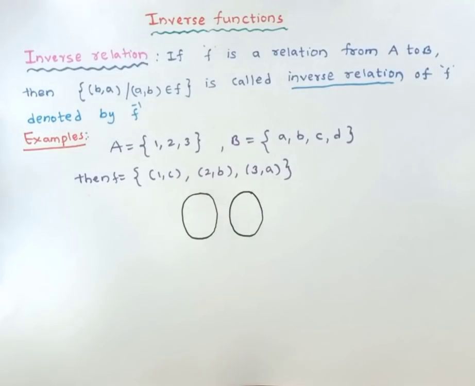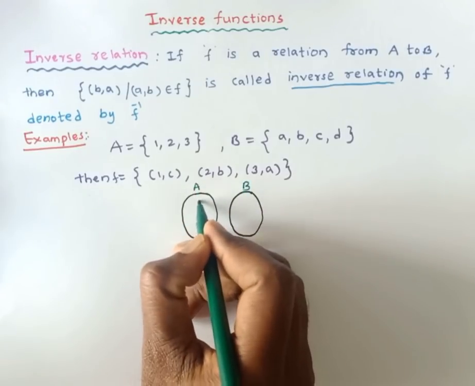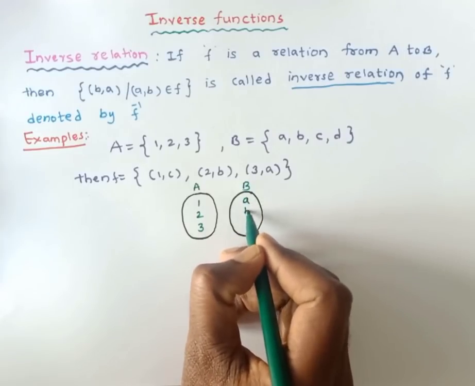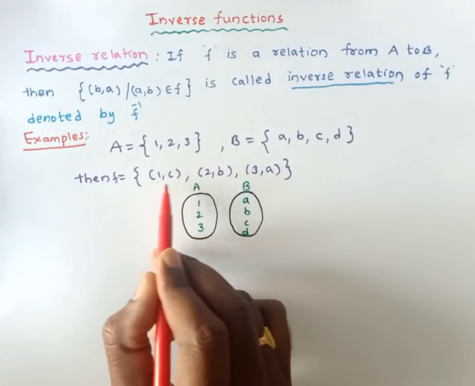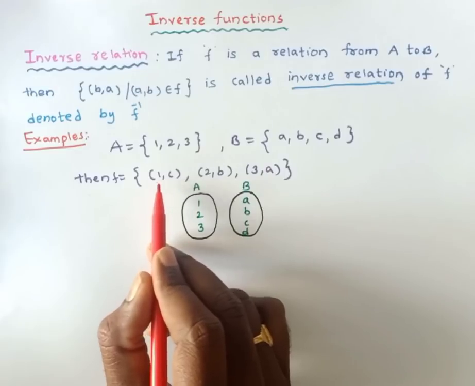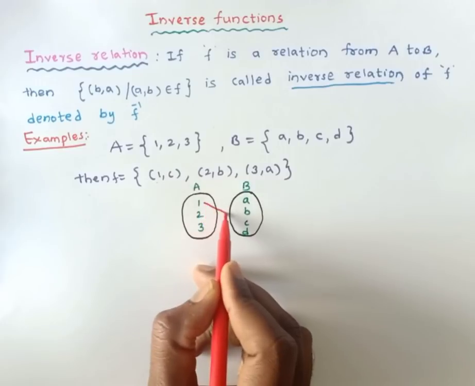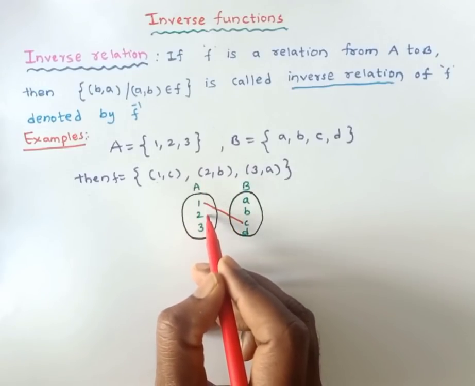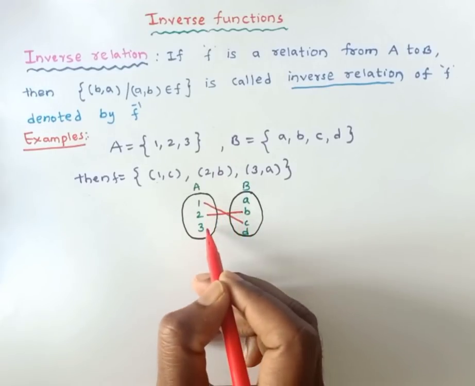Here A contains the elements 1, 2, 3 and B contains 4 elements a, b, c, d, and the mapping is given. The ordered pair (1, c) means the image of 1 is c, so 1 is mapped to c, and (2, b) means 2 is related to b, and 3 is mapped to a.